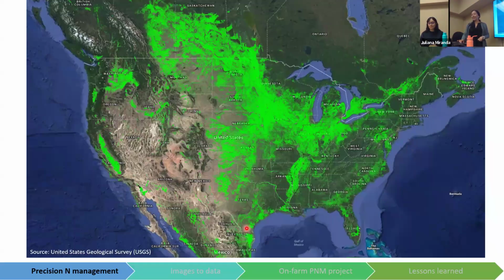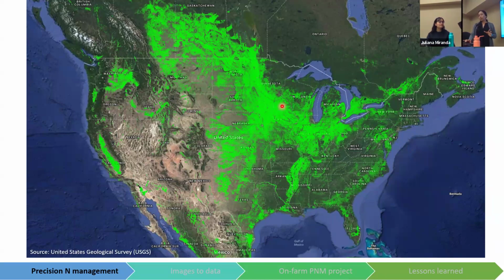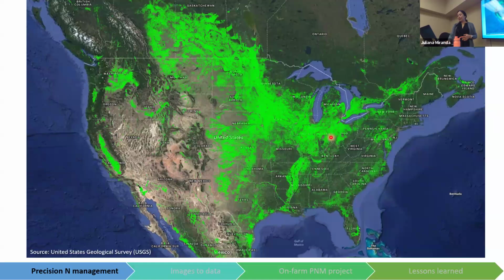This is a map that shows the cropland. The green area shows the cropland in North America, and we are somewhere here. You can see that it is a lot of farmland, so a lot of nitrogen is also being lost from there.